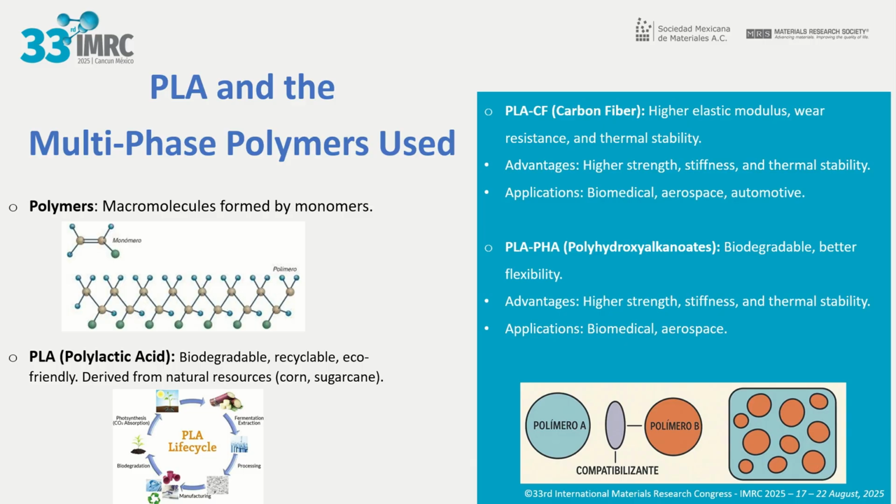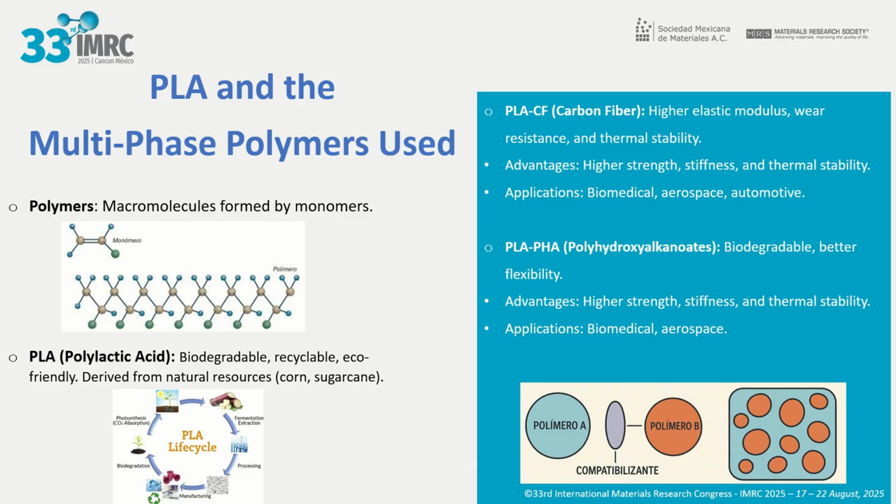The phases can be formed via physical combination of different polymers, or combination of polymers with reinforcements such as nanoparticles, fibers, or additives, or by the formation of phase separation microstructures induced during the process. They stand out today for their advantages in terms of stiffness and strength.